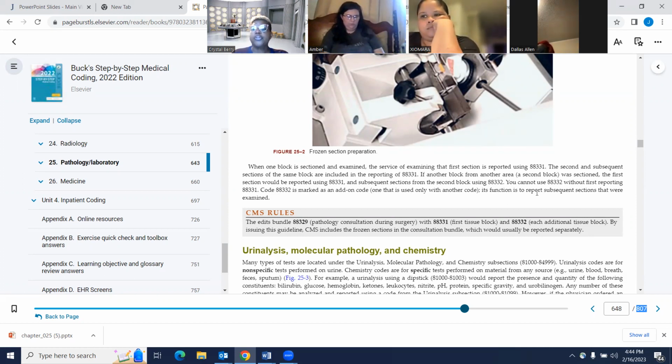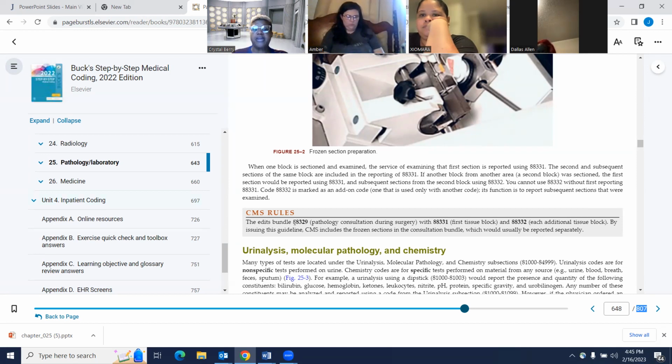Look at this part. You cannot use 88332 without first reporting 88331. Code 88332 is marked as an add-on code, one that is used only with another code. Its function is to report subsequent sections that were examined.